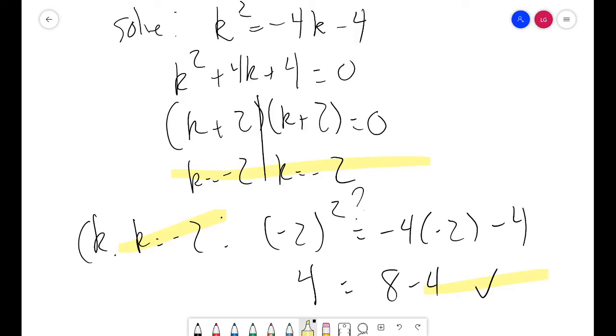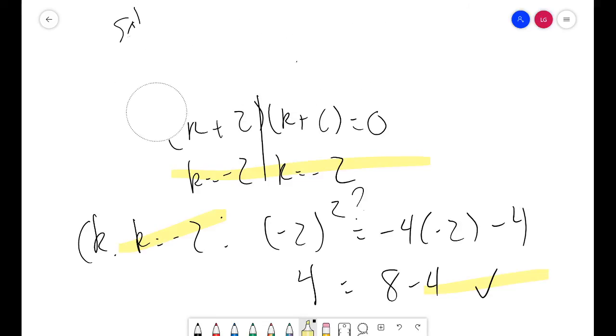K equals negative 2. It did in fact check, and that's it.